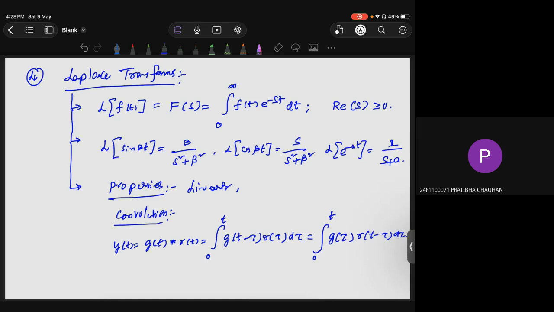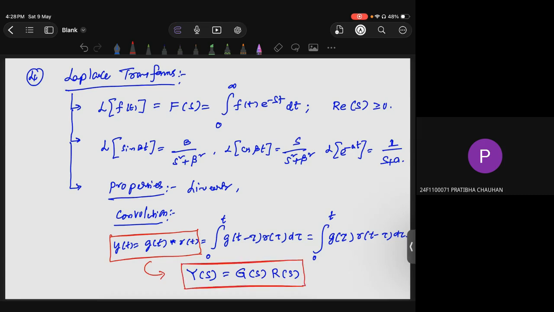So if you apply the Laplace transform, the Laplace transform of output y of t will be equivalent to G of s multiplied by R of s. It means that when two signals are convolving in the time domain, they will be multiplying in the s domain.